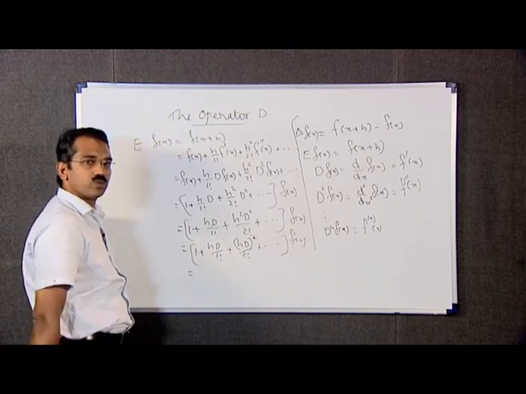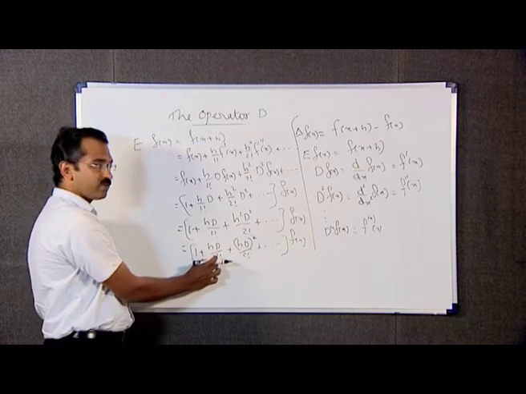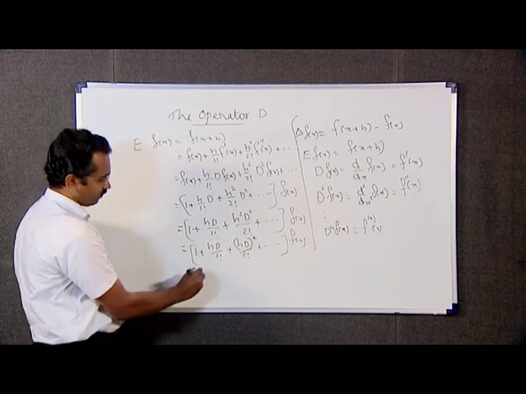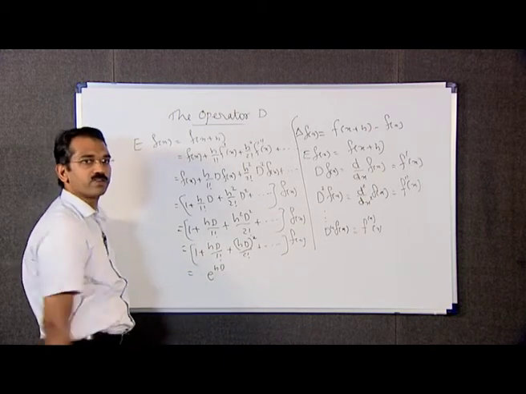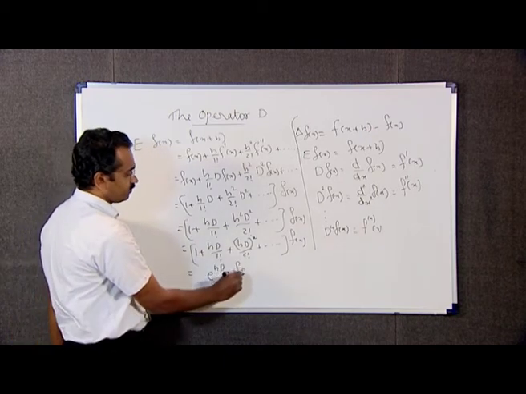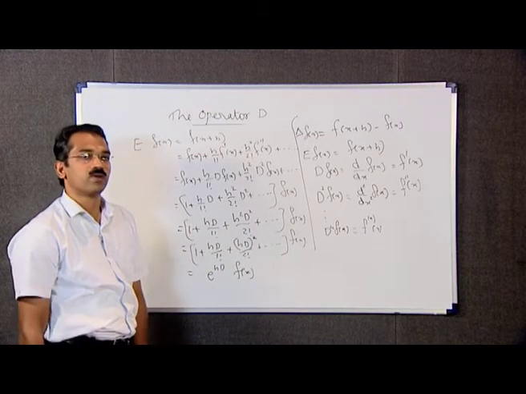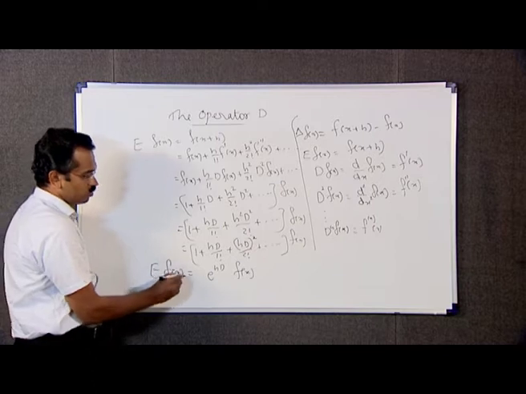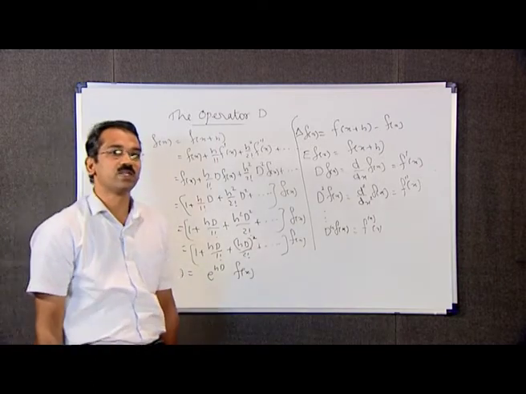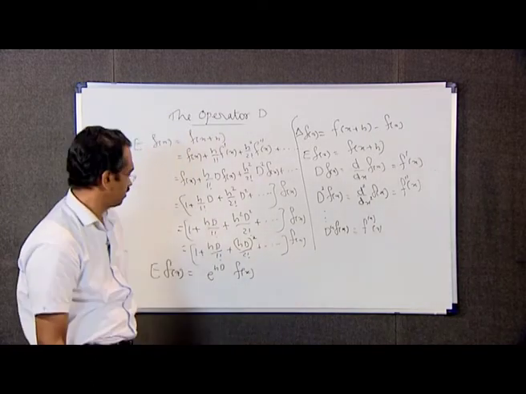This is the expansion of e raised to h D of f of x, that is E f of x is equal to e raised to h D into f of x.